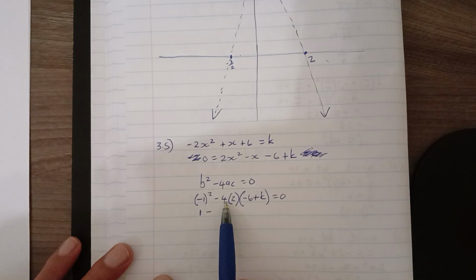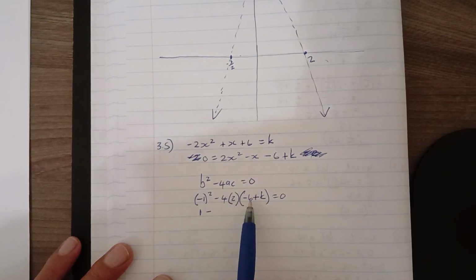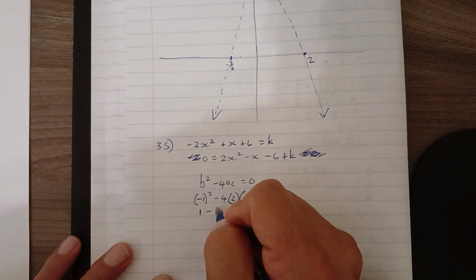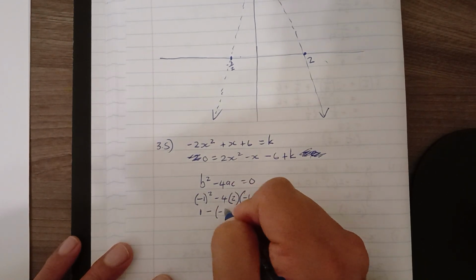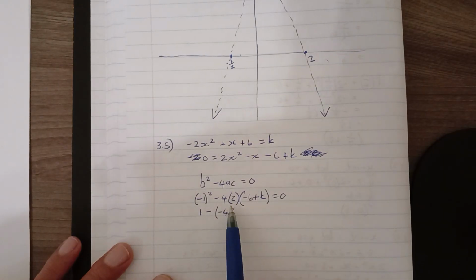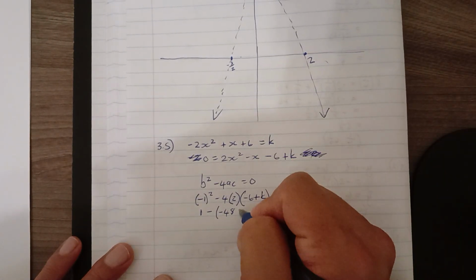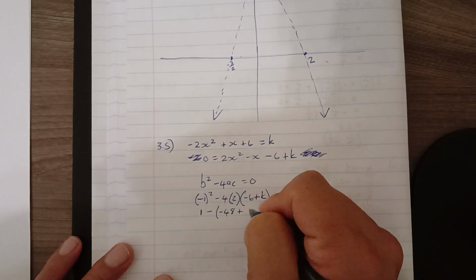minus, let's multiply all of this. So that's going to be 8. 8 times negative 6, it's negative 48. 8 times k, it's 8k.